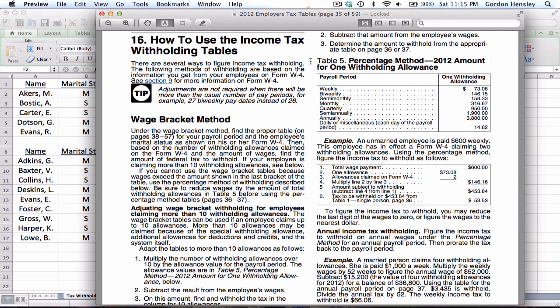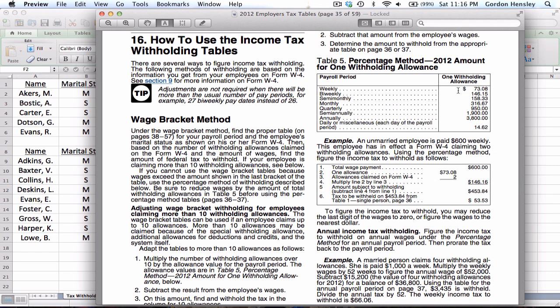It says for the percentage method, here is the 2012 amount for one withholding allowance. And notice this, it says payroll period, and they're giving me all the different payroll period options, and for each one of them there's a different withholding allowance. So what that means is I'm going to use a different amount depending on the person's pay period.